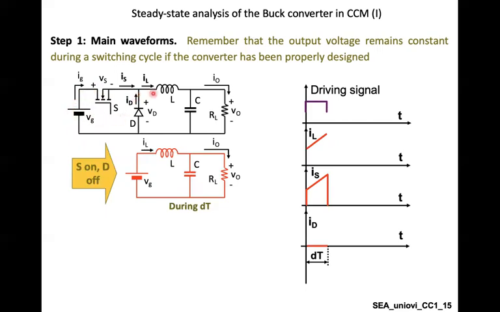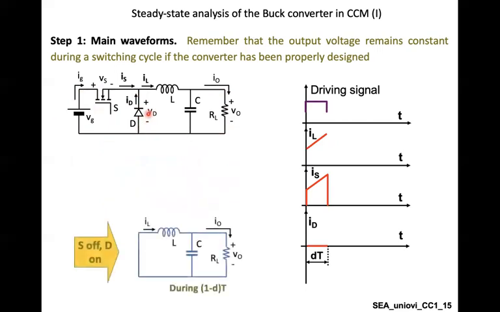And now the current will flow like that and return back through the diode. So in this case, your circuit will look like that. Now your diode will be forward biased. That's why we replace the diode by a short circuit. You still have a coil, a capacitor, and a load, and your generator or your source is disconnected as far as the switch is turned off.